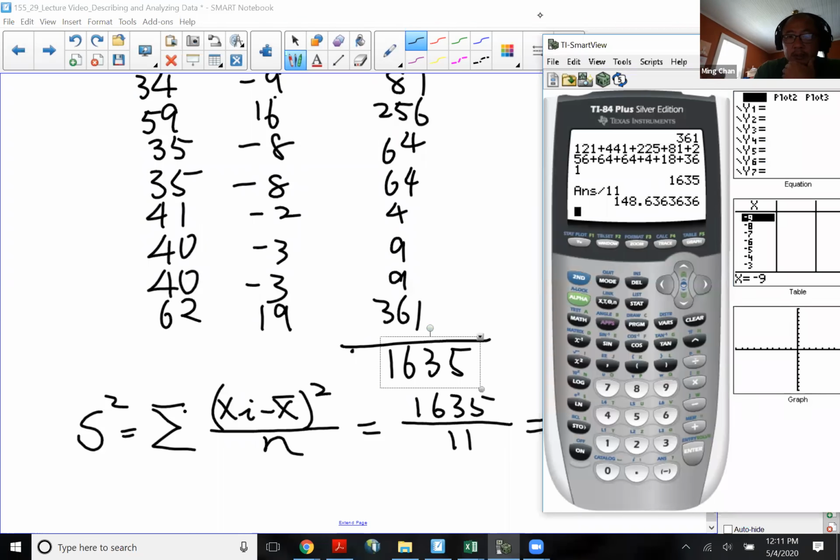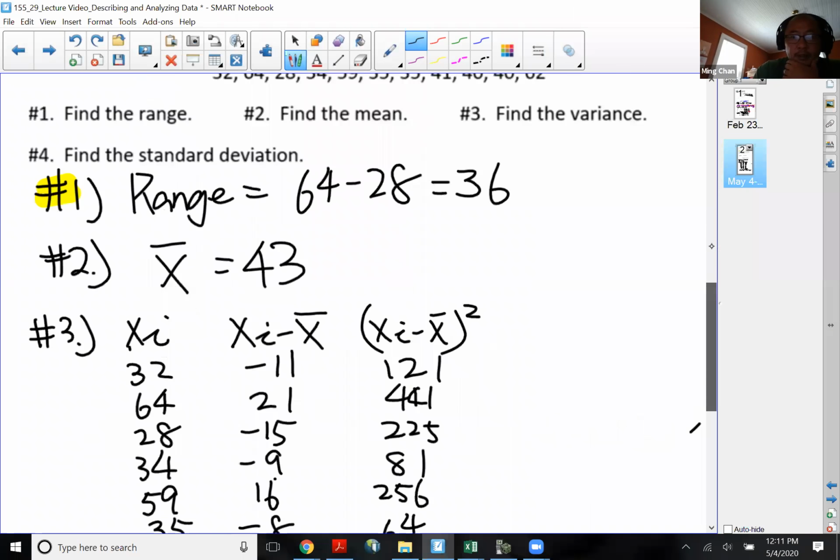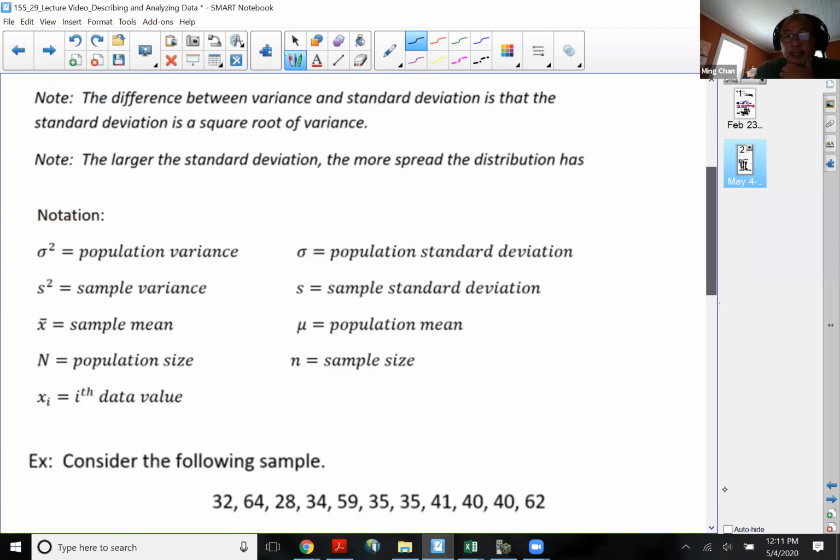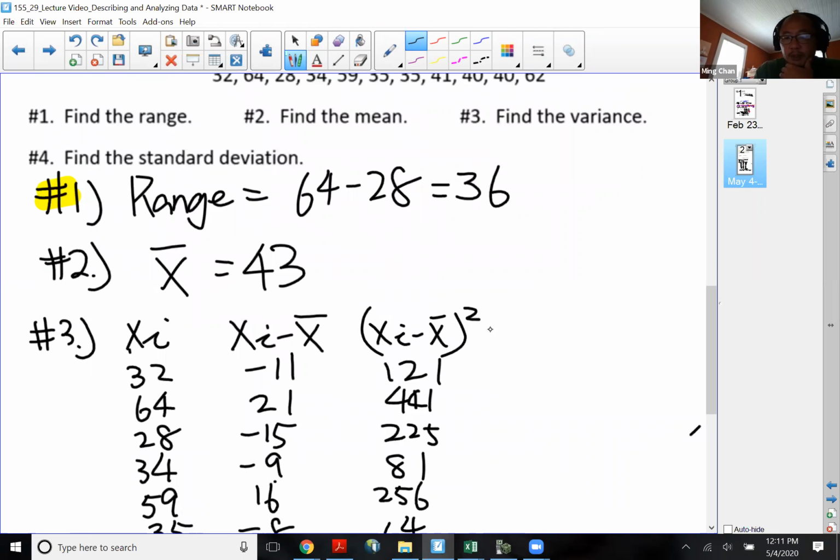Now that's my variance. Go back to this wording. The difference between variance and standard deviation is that the standard deviation is the square root of the variance, because earlier we squared a bunch of numbers.